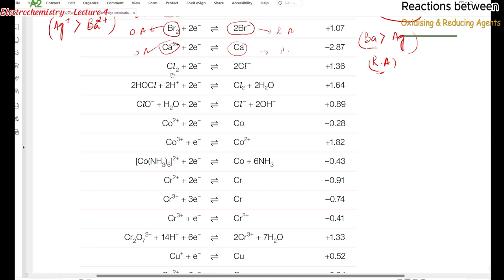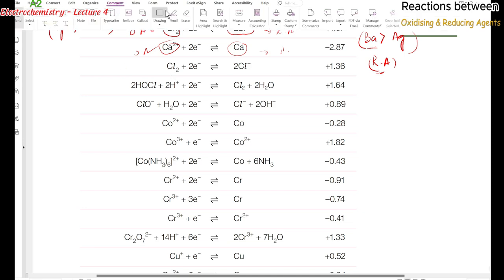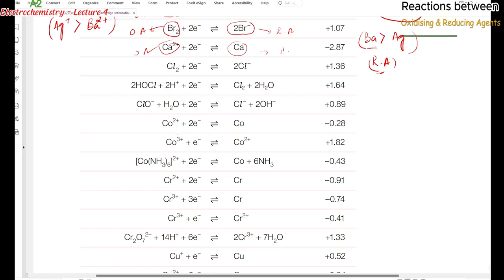For example, just have a look at this equation. And I'm going to highlight it over here. In this equation, this cobalt is the oxidizing agent, and the value of its nature as an oxidizing agent is minus 0.28.